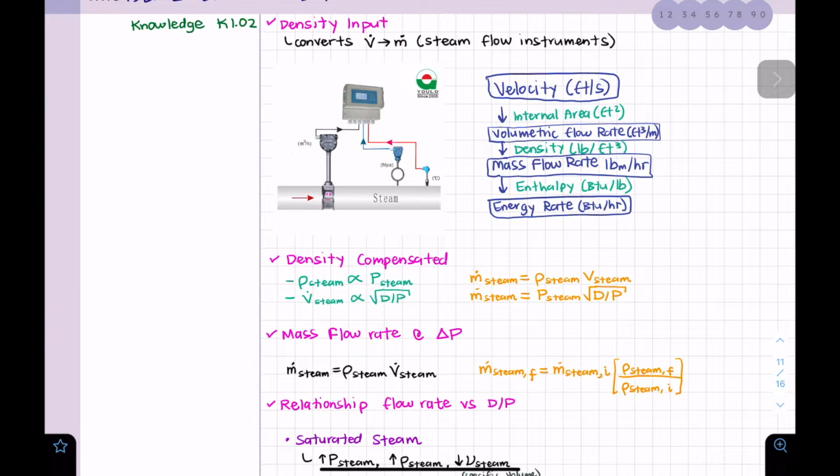So to accurately measure this, we have certain requirements, right? We need to measure the temperature. We need to measure the pressure, and we also need to measure the velocity, as we already said. So some of the instruments they're gonna have an orifice here, another here, and they give the information through here.